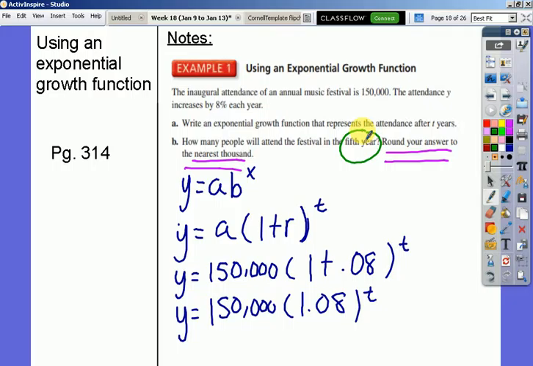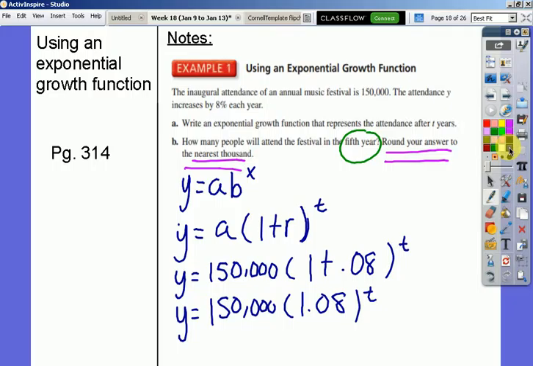So how do I make the 1.08 to the t a 1? So it's just 150,000. I replace t with what? 0, right? So to represent the first year, I just want 150,000. I don't want anything else being multiplied by that 150,000. Does that make sense? Because in the first year, it's 150,000. That means that I cannot multiply by anything other than a 1.